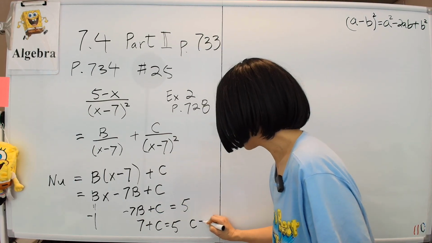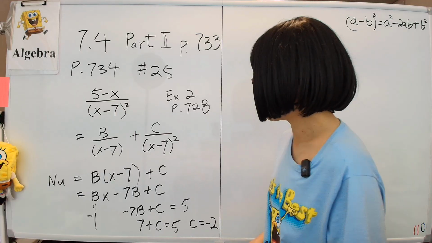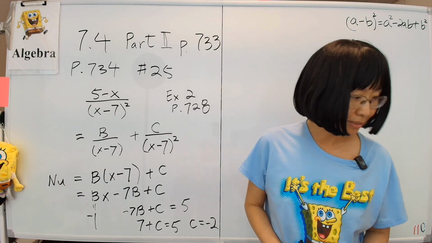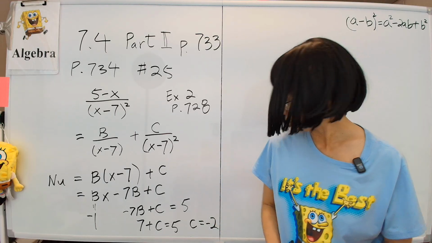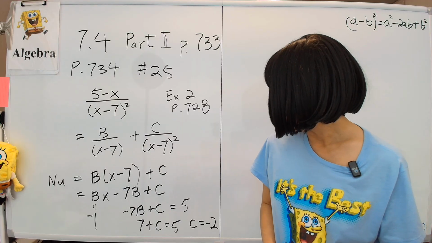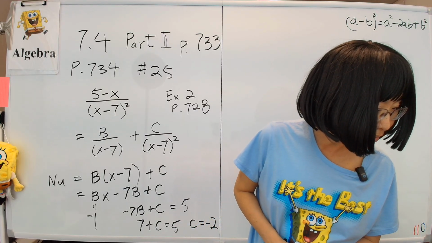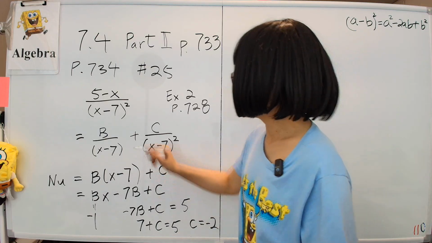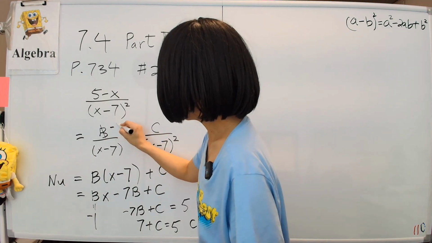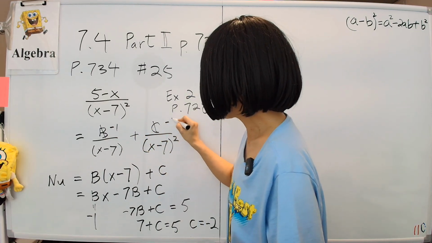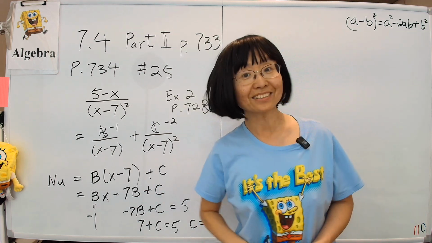That means c is minus 2, and that should be the answer. Now let me check first. Minus 1, minus 2. Yep, that is correct. We'll write down b as minus 1 and c as minus 2, and that is the answer to this question.